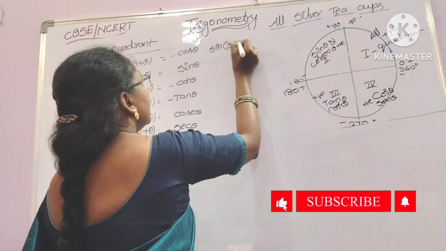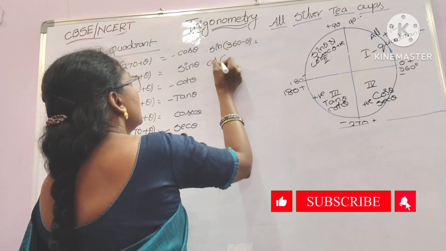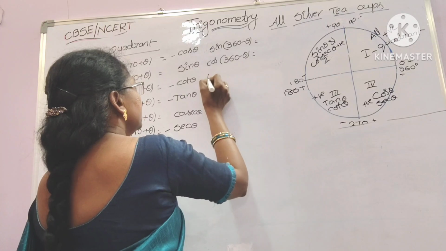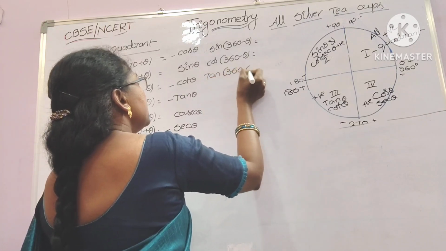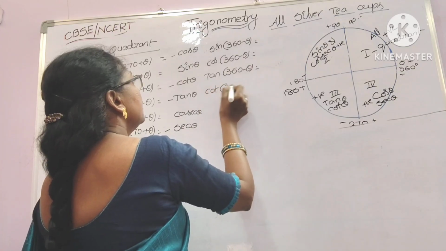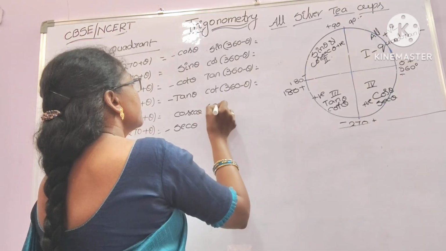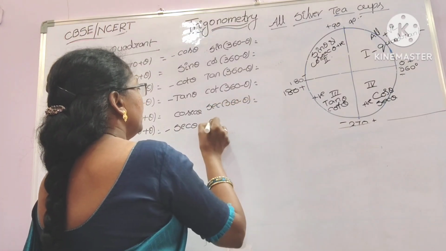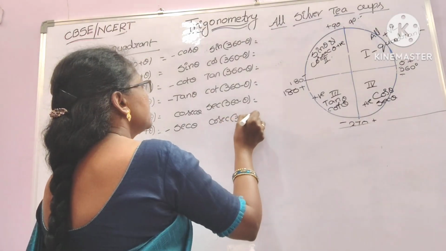So sine 360 minus theta, as well as cos 360 minus theta, tan 360 minus theta, cot 360 minus theta, secant 360 minus theta, and cosecant 360 minus theta.